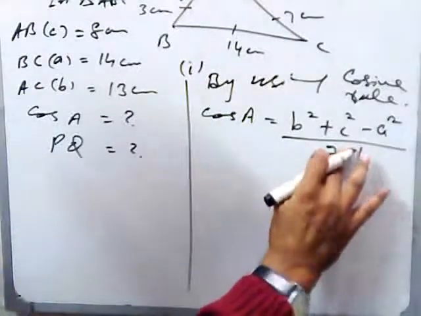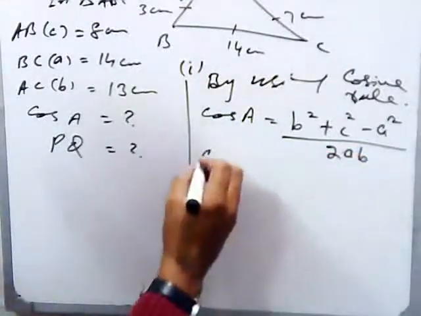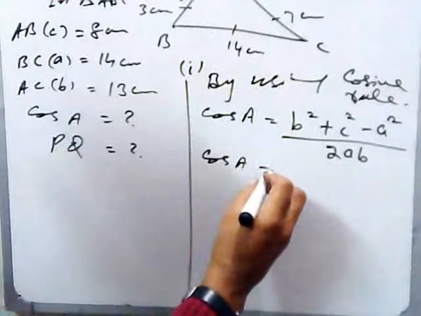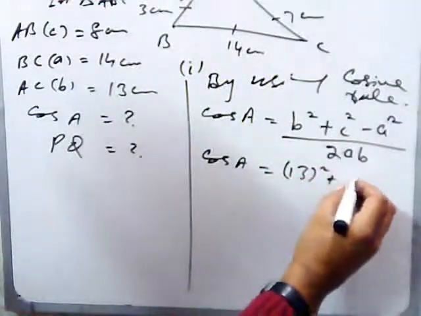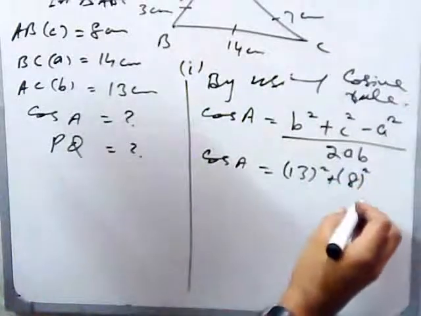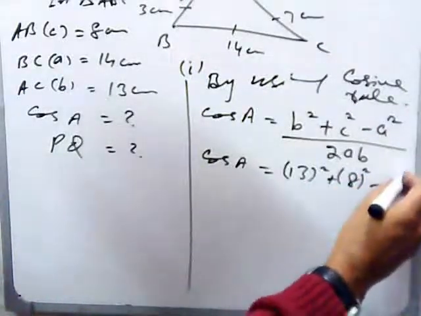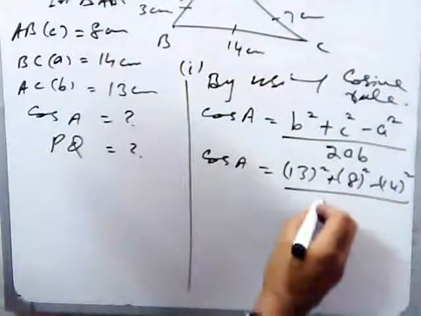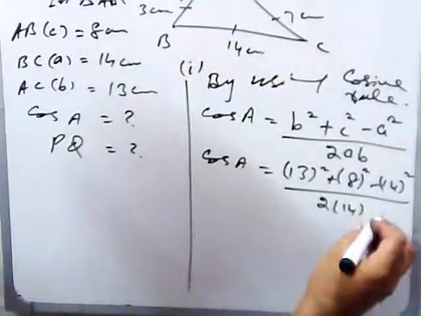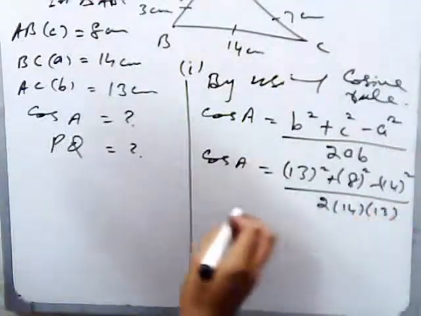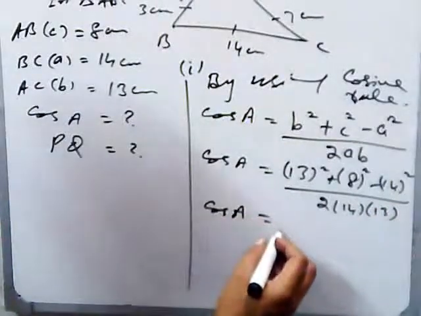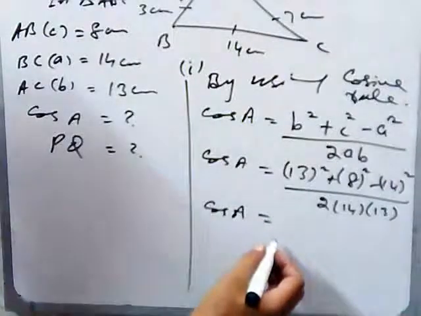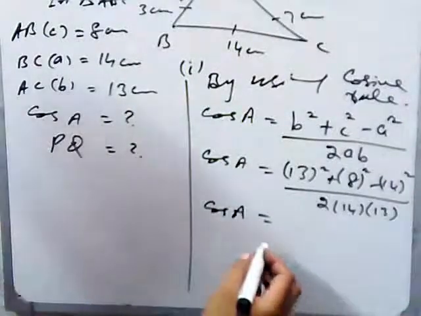So putting the values, cos A is equal to, B is 13 here, C is 8 and A is 14, and 13. So the value of cos A, after simplification, you will get.